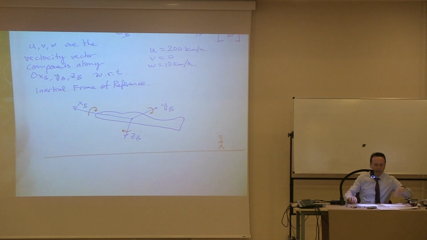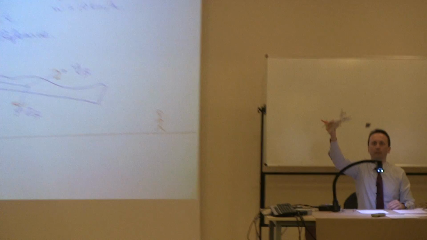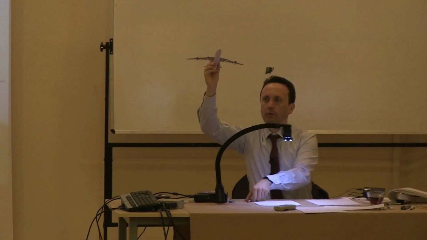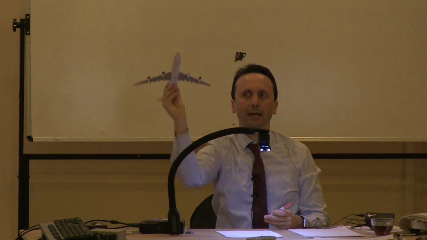So, of course, the airplane might be rotating in all directions. Look at the airplane. But you can decompose this rotation into this, along the x body, into that, along z body, and into that, along y body. You add them together, you obtain something like that in 3 dimensions.